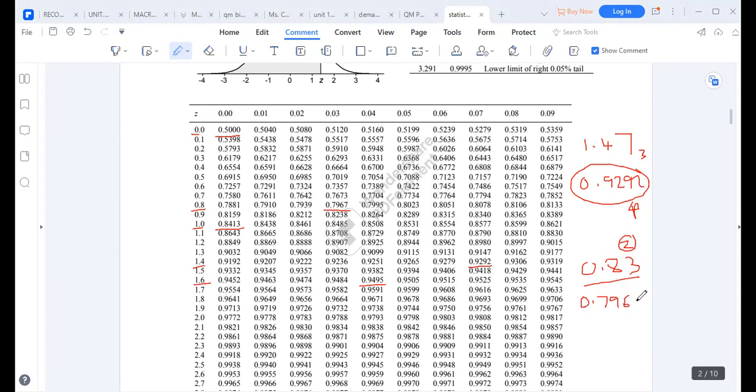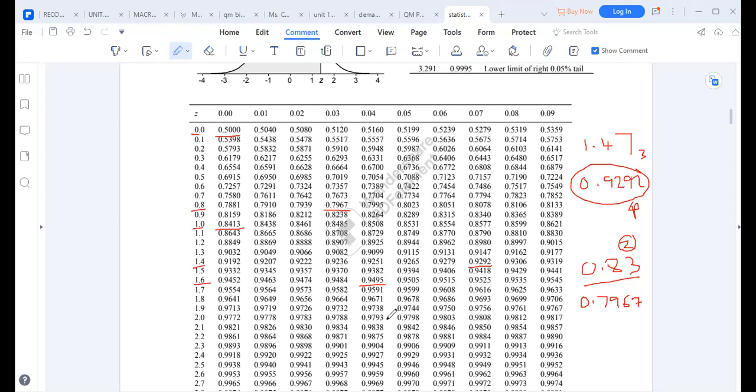Now, if I were to ask you to give me the Z for this probability, even if I say 0.7966, you pick the closest possible. If there was no 66, this one will still qualify as 7967, so Z would still be 0.83.